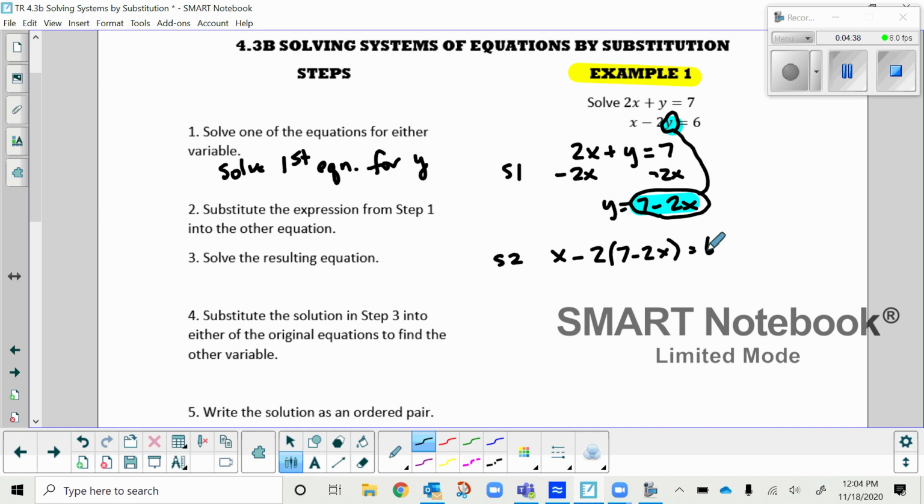And then step 3 is to solve. So you take a minute and solve that equation. I'm going to solve it, and then we'll come back together and talk about if we got the same answers.